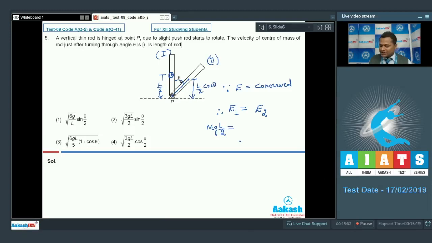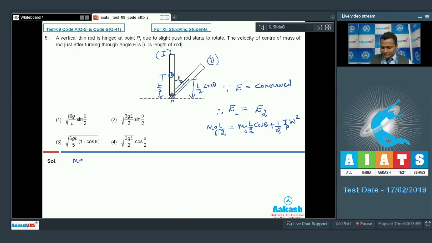As a result, the potential energy in situation 2 will be mgL by 2 cos of theta, plus, since it has got some speed and it is rotating about point P, so we can have kinetic energy of rotation given by half of I omega square, where it is very important to understand I, that is moment of inertia, is about hinge, is about the point with which the object is rotating, that is end of the rod or point P.